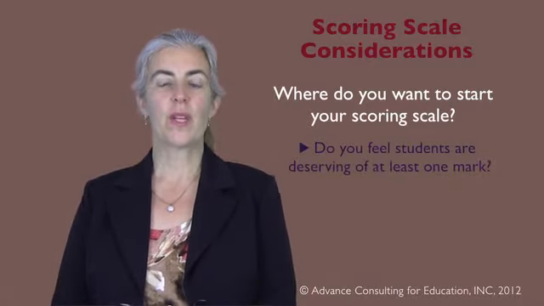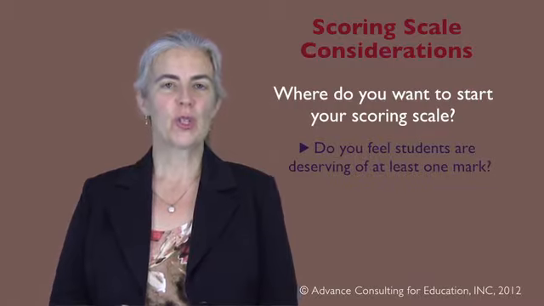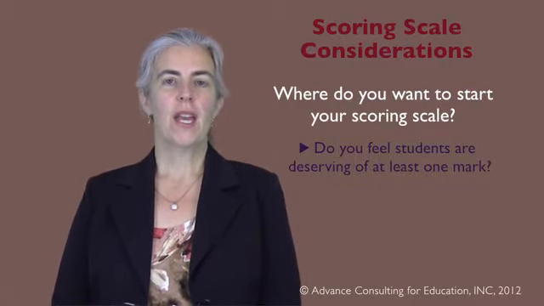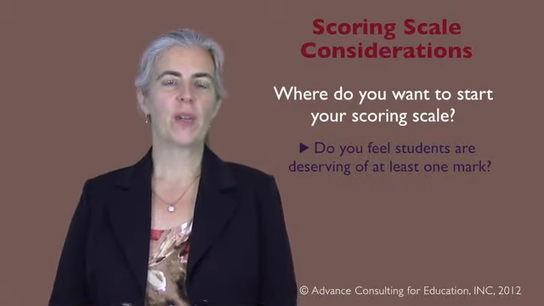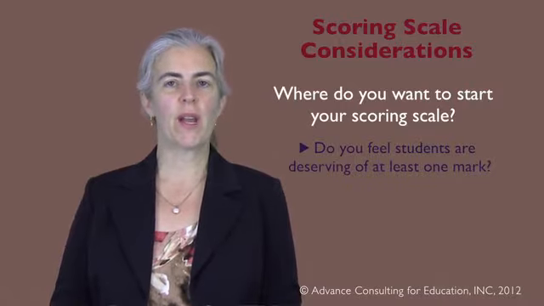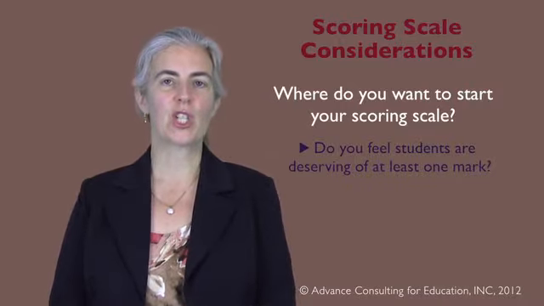In that case, if that's your philosophy, then you would start your scale at 1. And the number of divisions that you have really reflects how clearly you can write distinctive descriptors for each level. To create an analytic rubric, your next decision relates to the subskills that you're going to evaluate, and you're going to write those across the top of the columns.